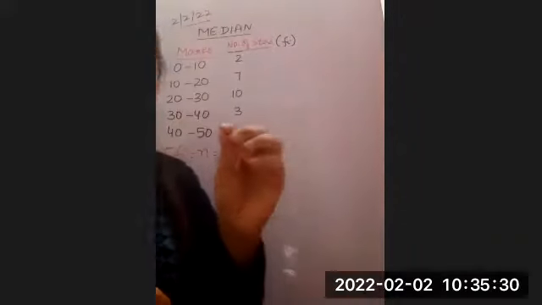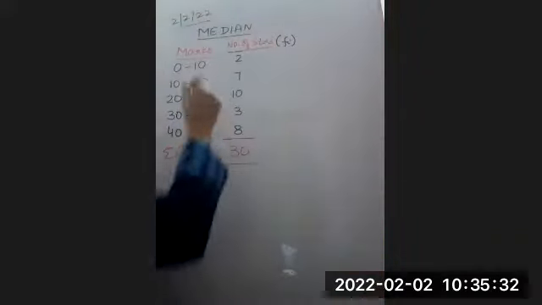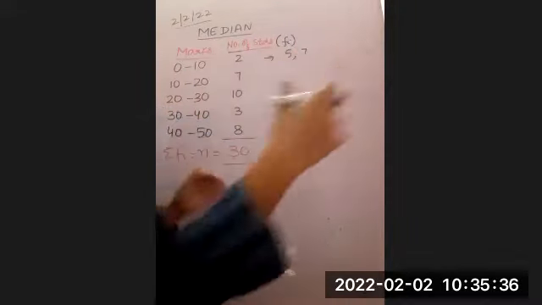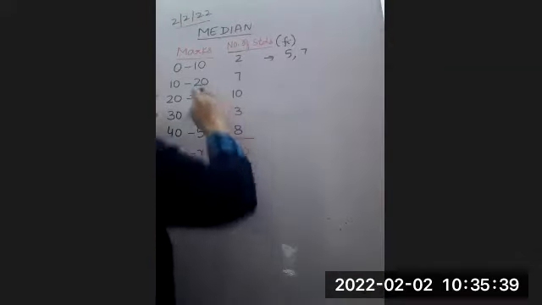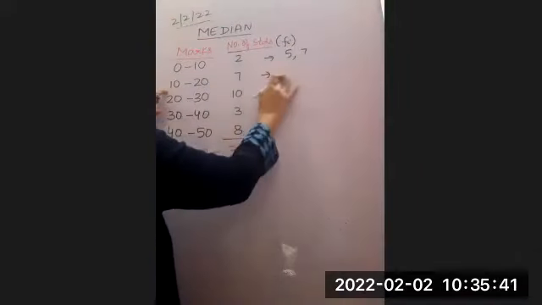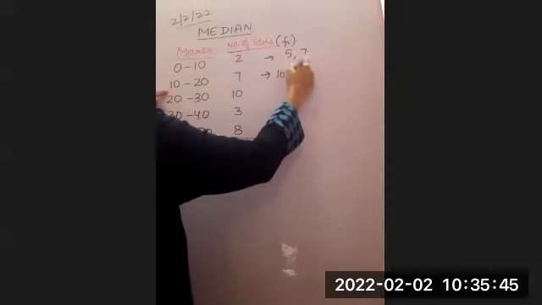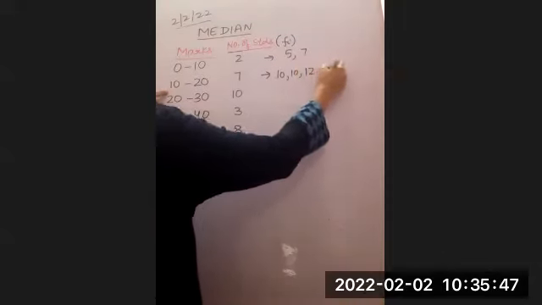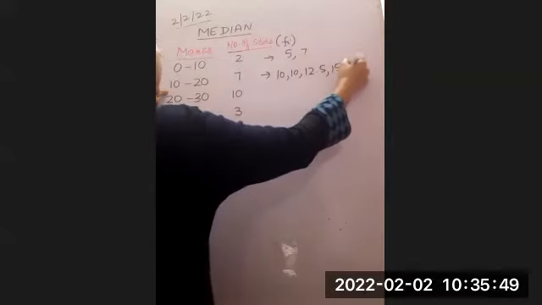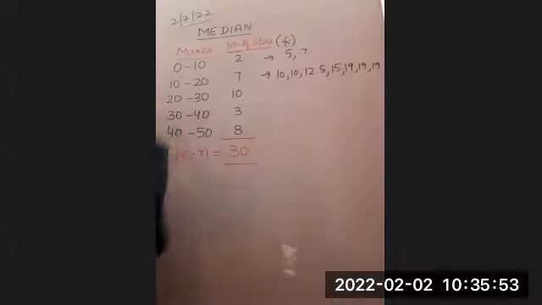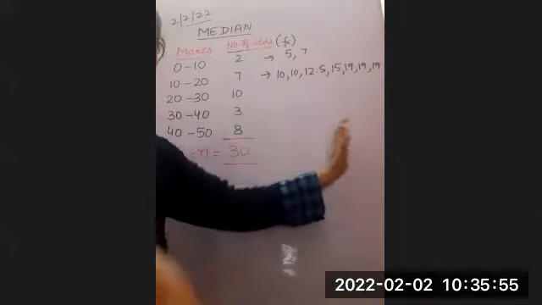For example, I'm just making you understand. Suppose the score of the 2 children is, let's say, 5 and 7. Suppose we are just assuming it randomly. These 7 children are scoring between 10 to 20. Let their score be 10, 10, 12.5, anything beta, 15, 19, 19, 19. Suppose these 7 children are scoring this. I'm just assuming it.